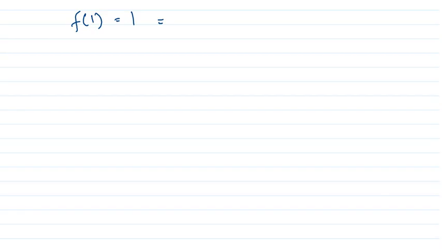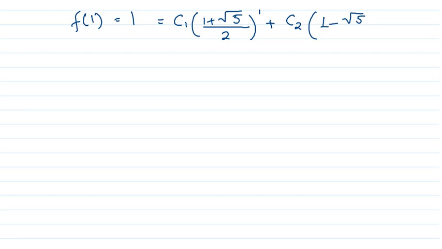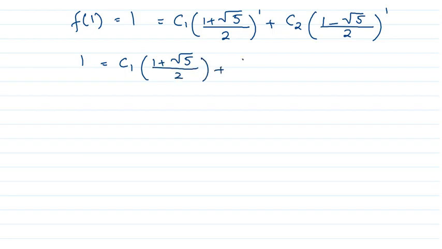So this is going to be C1 times (1 plus under root 5 by 2) raised to the power 1 plus C2 times (1 minus under root 5 divided by 2) raised to the power 1. So 1 is equal to C1 times (1 plus under root 5 by 2) plus C2 times (1 minus under root 5 by 2), because anything raised to power 1 is simply itself.